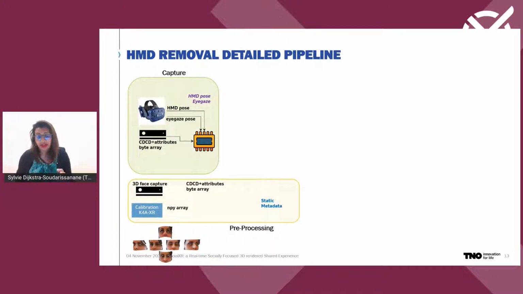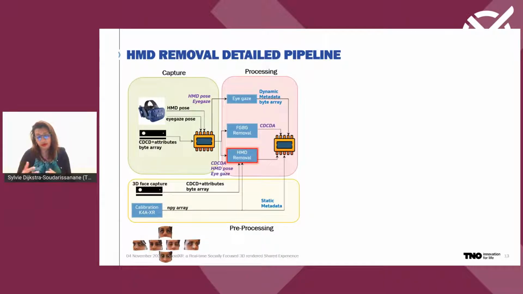The user is then using the HMD on their head, and these two combined will go into a processing chain. So on top of HMD removal, you can think of foreground background removal or eye gaze determination from the glasses and so forth. Here I'm highlighting the HMD removal block, which is central for conveying proper co-presence.